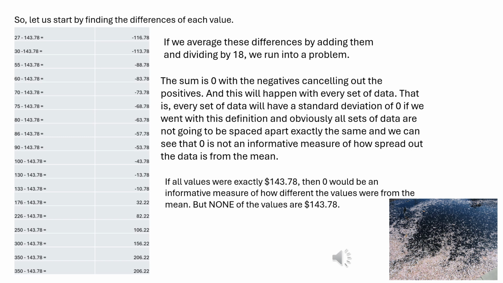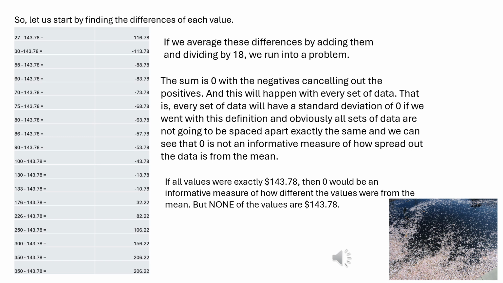If you find the mean of any set of data and you find all the differences of the values from the mean, and you don't round, again, if you actually add these differences, you might not get exactly 0 because we rounded the $143.78. But if you don't round and you add all the differences, you always are going to get 0. The amount of negative in the sum cancels out the amount of positive in the sum.